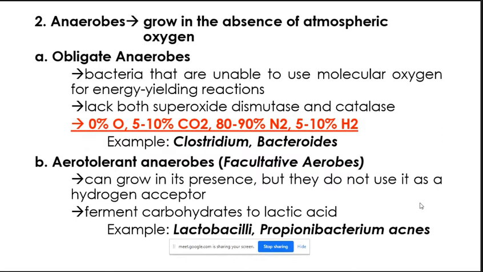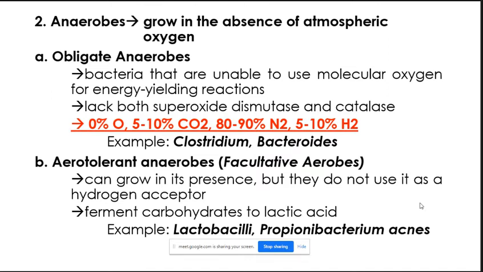Okay? So obligate anaerobe na naman, sabi natin, they are unable to use molecular oxygen for energy yielding reactions. So they lack both your superoxide dismutase and catalase. What is this your superoxide dismutase and catalase? I will explain that to you later. Andyan yan sa growth ng bacteria dun sa mga tubes. But nevertheless, this catalase is your enzyme, as also your superoxide dismutase.